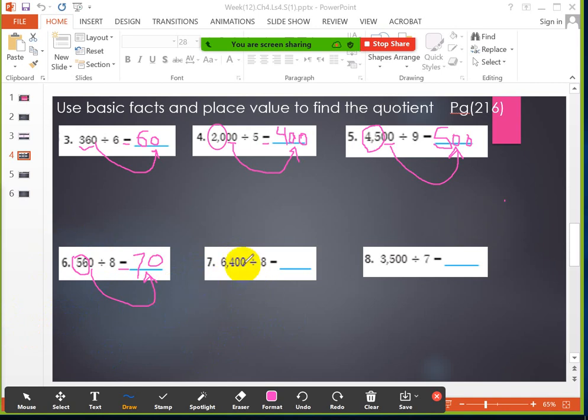So I will take 64 and divide it by 8. So 64 divided by 8. What's the number that I will multiply with 8? The answer will be 64. It's 8, of course. 8 multiplied by 8 equals 64. And I have to take those two zeros and put them next to the 8. So it will be 800.